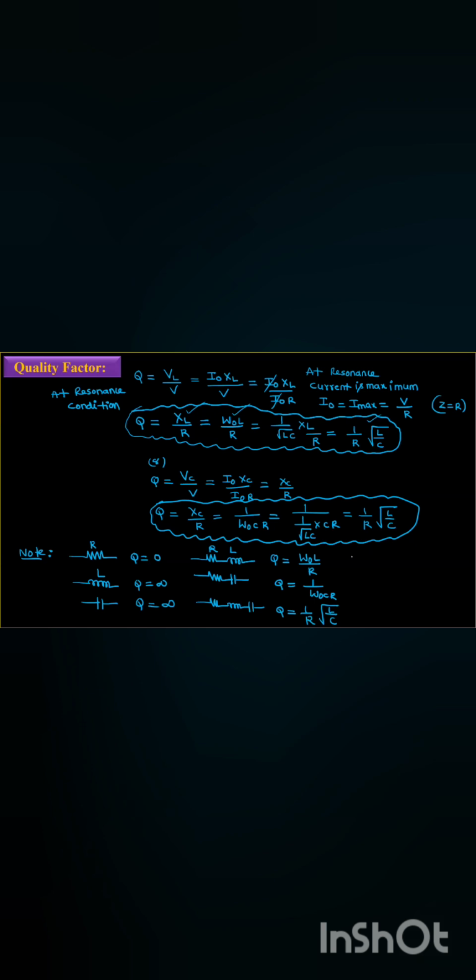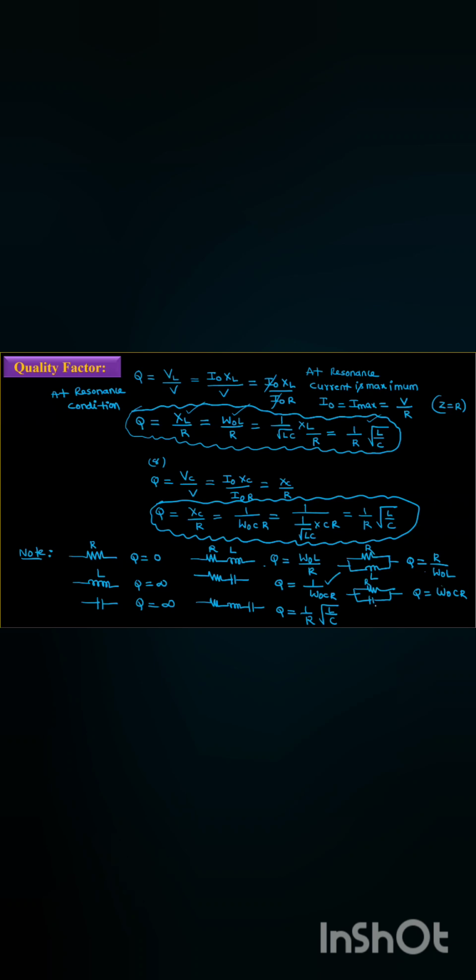If it is a parallel RL combination, the quality factor equals R by omega naught into L. If it is a parallel RC combination, exactly opposite, the quality factor is omega naught into R into C. The series one was 1 by omega naught CR, so this you write reversed.